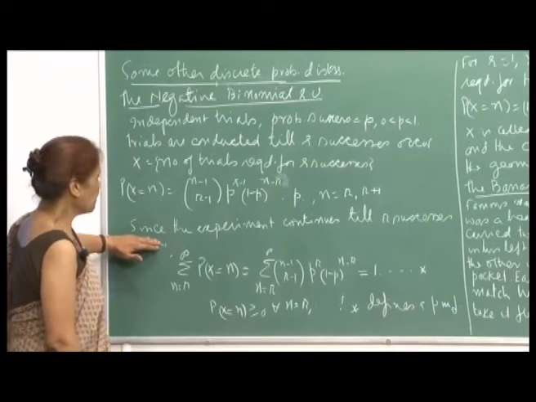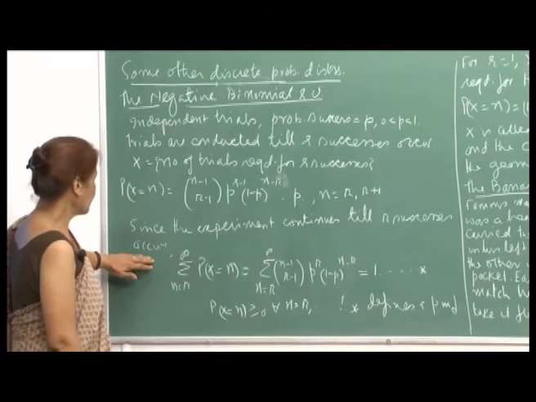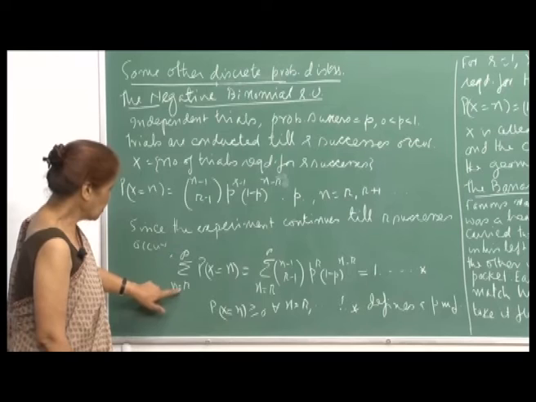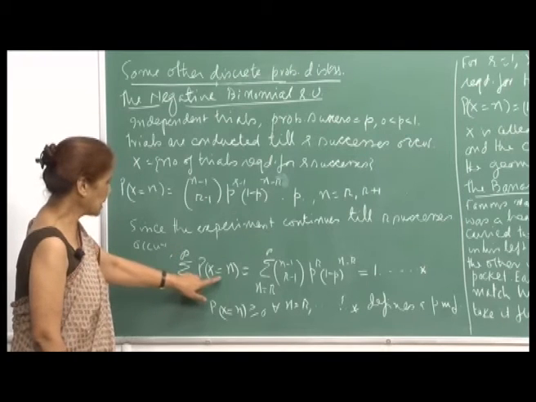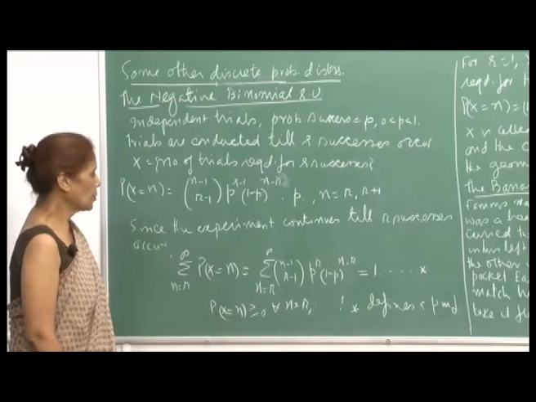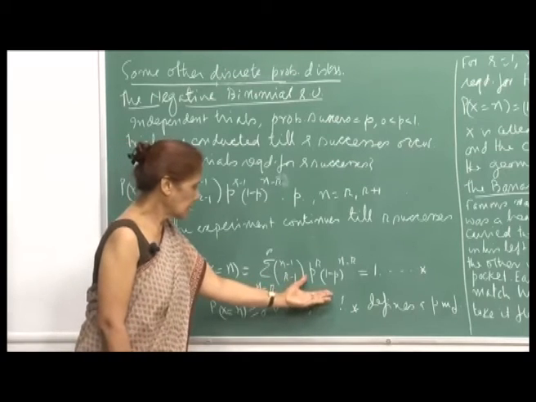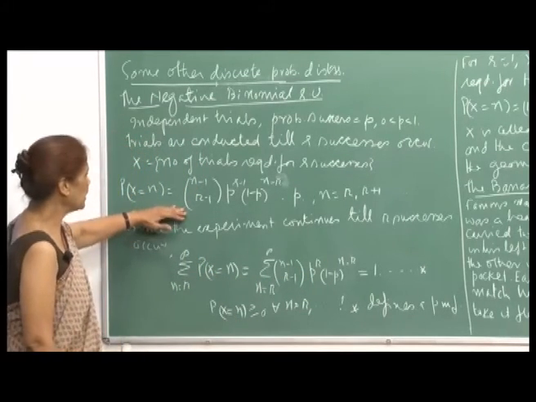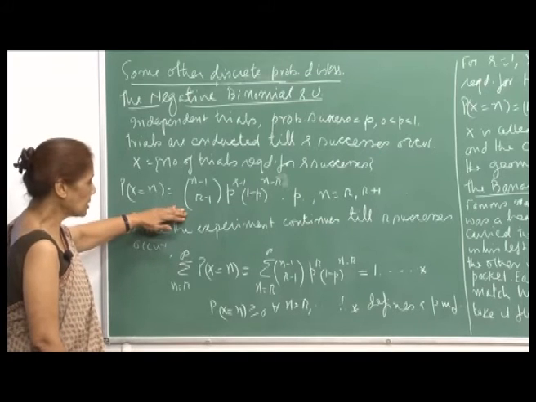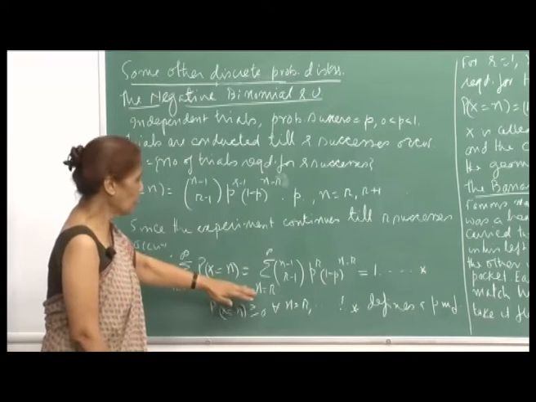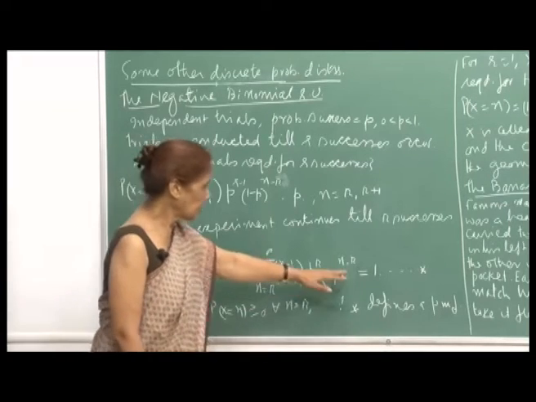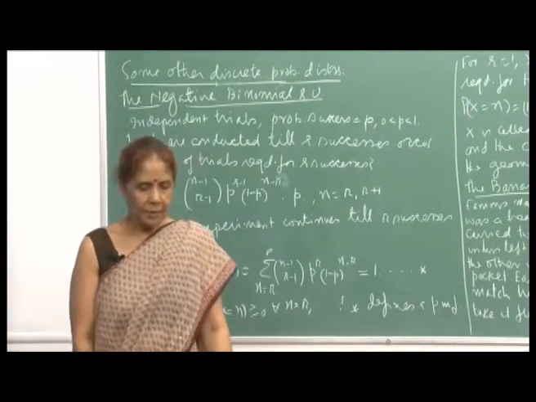Now, since the experiment continues till r successes occur, when you add up probability X equal to n from n equal to r to infinity, this must add up to 1. This is a combinatorial argument to say that what we have defined here is a probability mass function. Analytically also one can show that this sum equals 1, but then you require a little more mathematics.